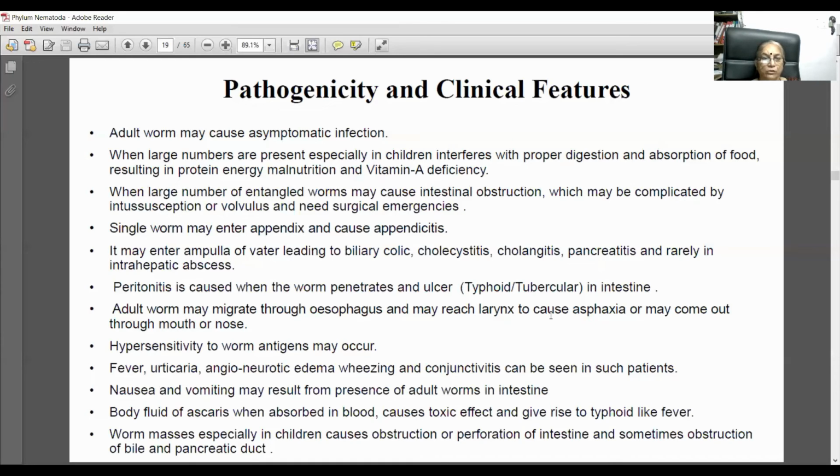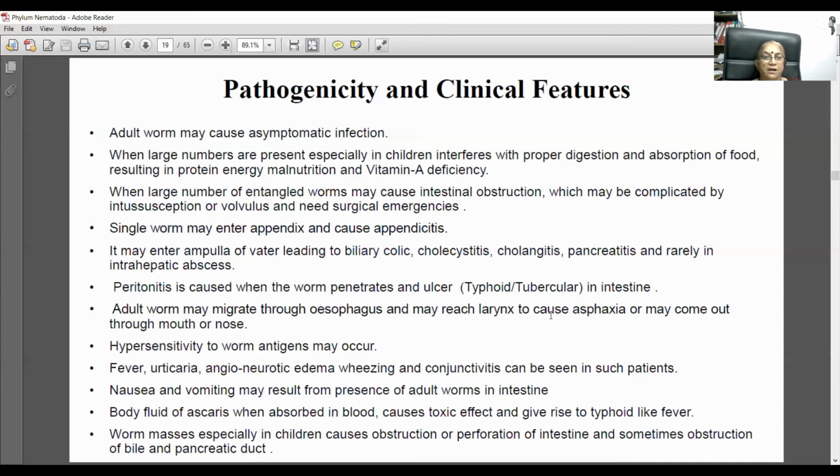A fever, as I already told you, whenever the worm's fluid has been absorbed in the blood, antigen antibody reaction occurs, and because of that, fever is induced. Secondly, this antigenic fluid also causes antigen antibody reaction, and its action can be seen on the skin, and therefore urticaria is produced.